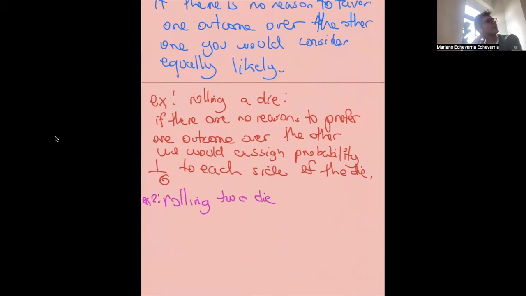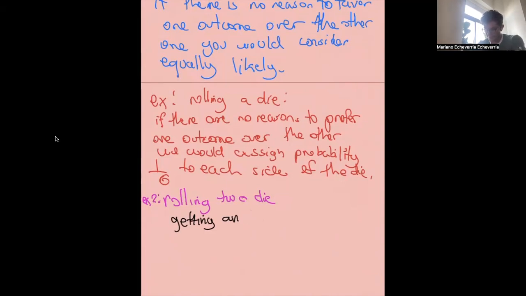How did we find the probability of getting an 11, if you added the numbers from each die?